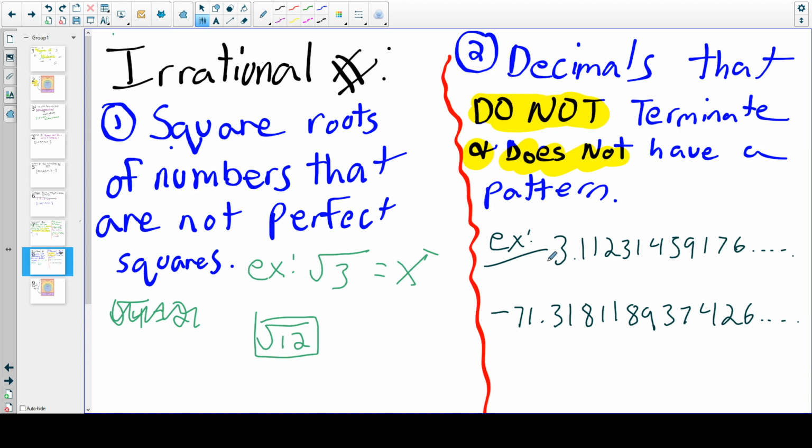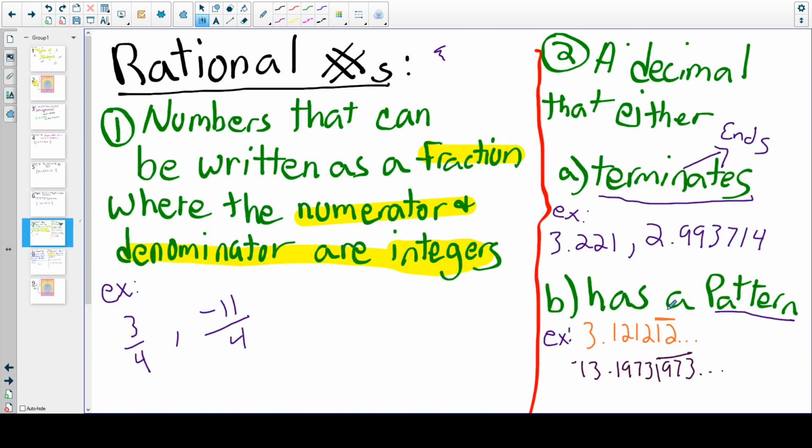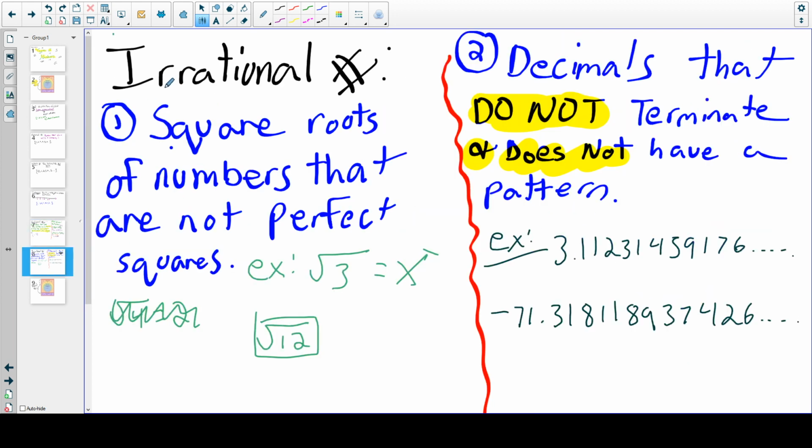You don't know. However, if we looked at this one, 3.121212, what's going to be the next number? You can clearly say it's going to be 1. So an irrational number is a number that could be a decimal that does not end and does not have a pattern.